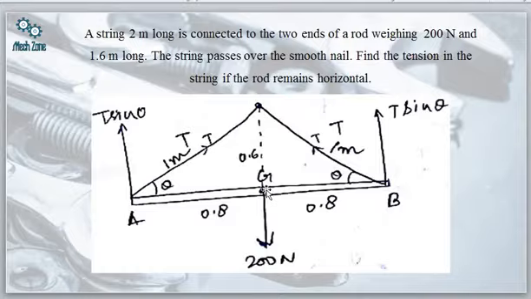Now consider this small triangle, where this side is 1 meter and this is 0.8. We can apply cos theta equals base upon hypotenuse. So we can easily obtain the value of theta, and once we obtain theta, we can get the value of this length, which comes out to be 0.6.